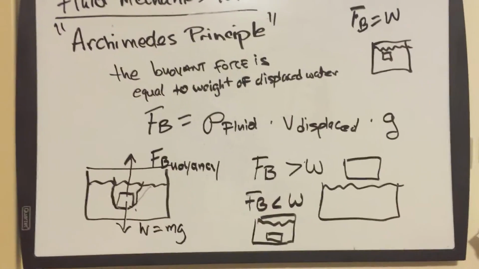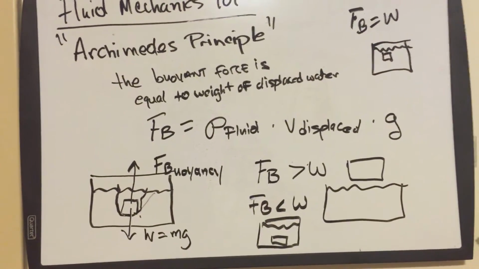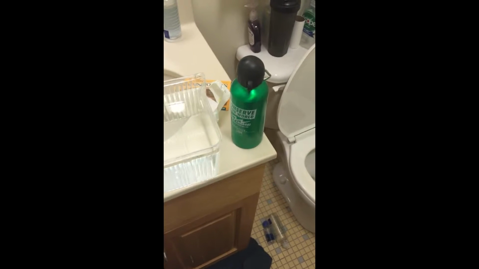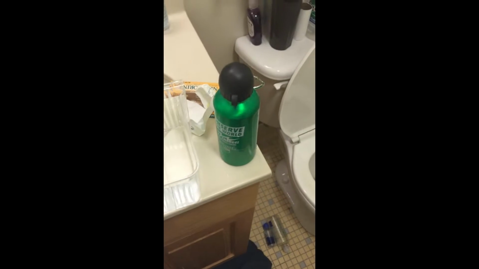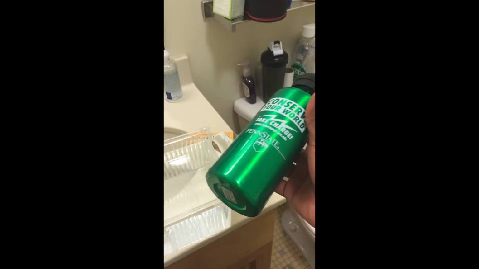So, let's see a real world example of how this is applied. Okay, so here I have my experiment set up. I have a tank of water, and right here is my water bottle. Right now the water bottle is empty. There's no water in here. So right now the water bottle is just the weight of the bottle itself.